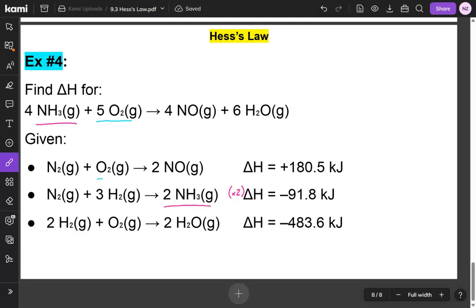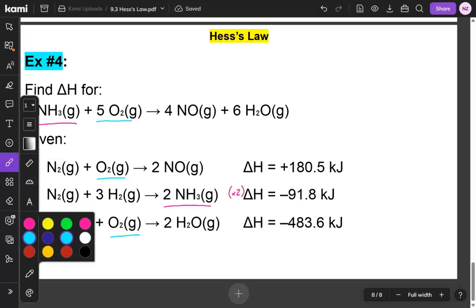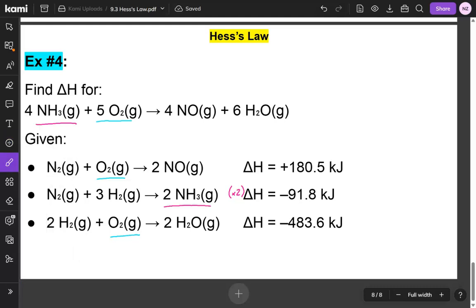Oxygen is present in the first reaction and the third reaction, but we're going to need it to add up to 5. So I'm going to come back to this after we've looked at the other pieces. We've got nitrogen monoxide. That is present in the first reaction, but it's the wrong number, so we're going to need to multiply this one by 2.